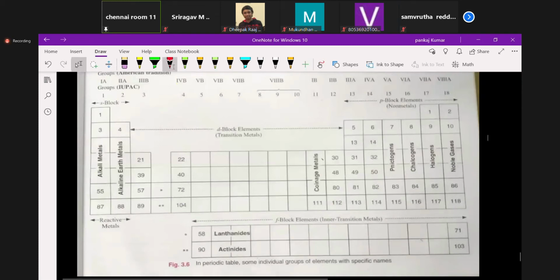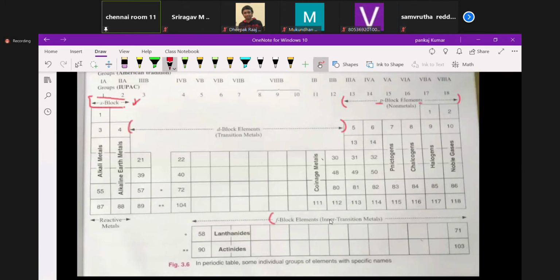This is the S block. This whole part, from here to here, is the D block, and here to here is the P block. And this side will be the F block.